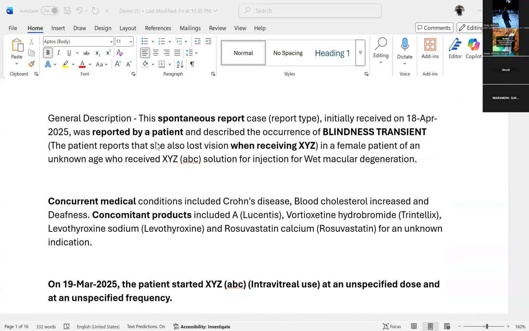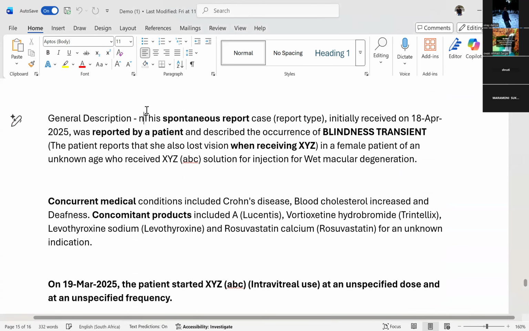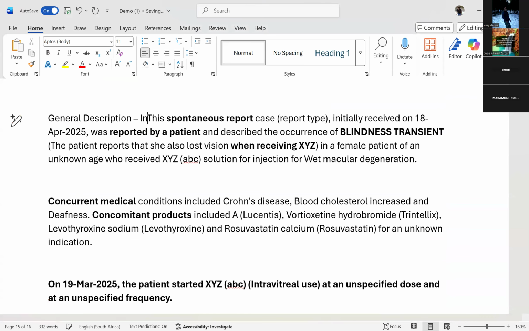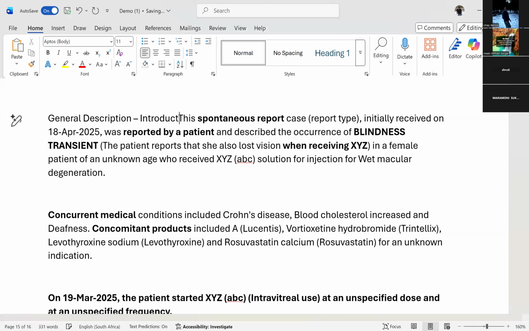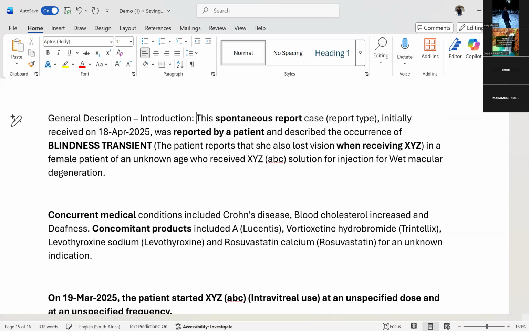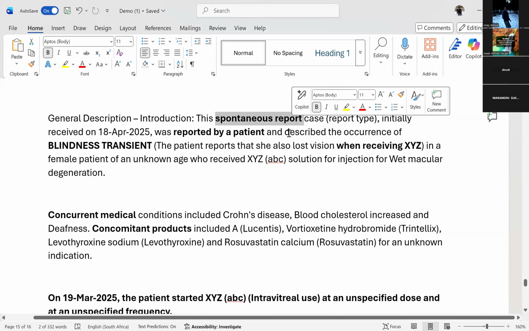So the narrative will look like this. To write a proper narrative, it is like the general description that I just told you, that is the introduction part. In the introduction, we will start with the type of case report. This is a sample narrative for a spontaneous case report.